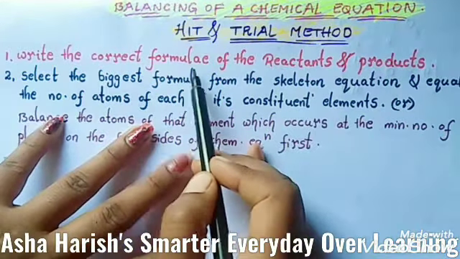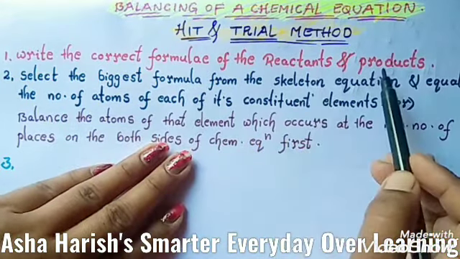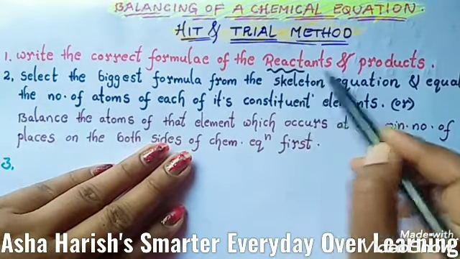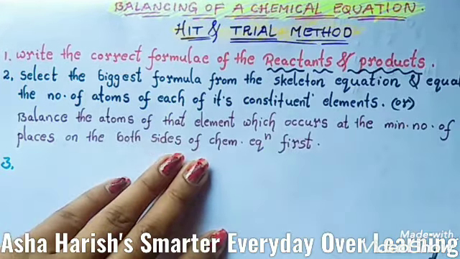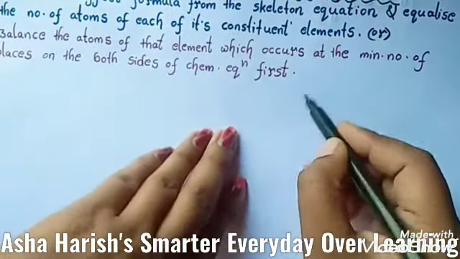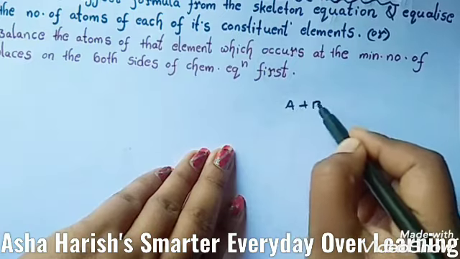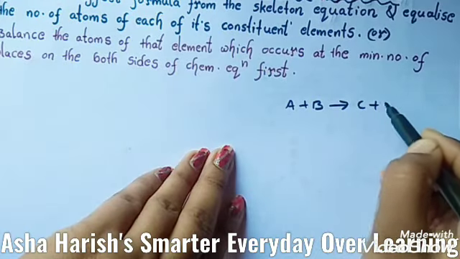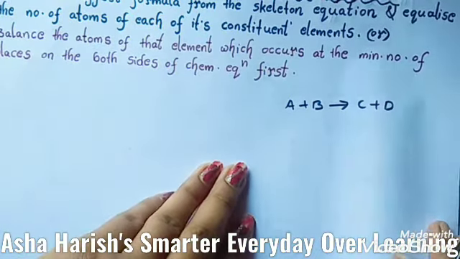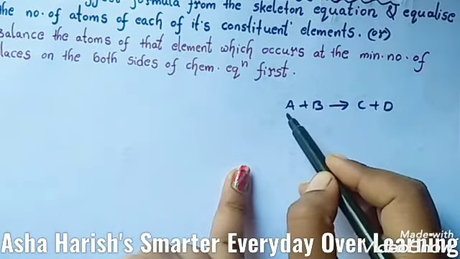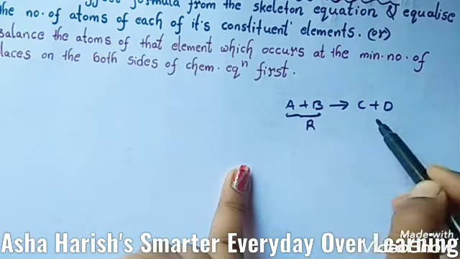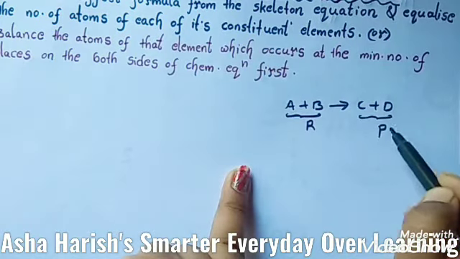Here, write the correct chemical formulae of the reactants and the products. About these words you have to know: what are reactants and products? If you see the chemical equation, A plus B gives rise to C plus D, this is the chemical reaction, so chemical equation. Now, these two are the reactants and these two are the products.